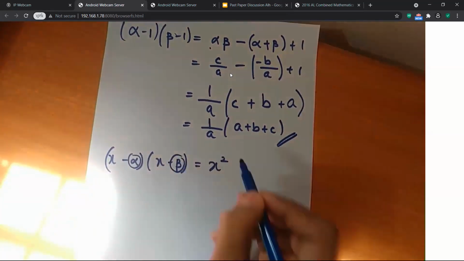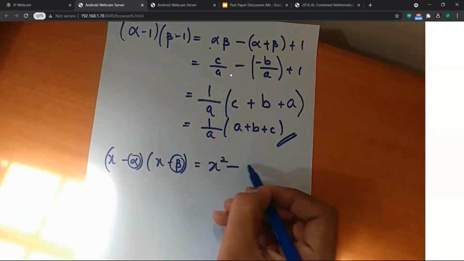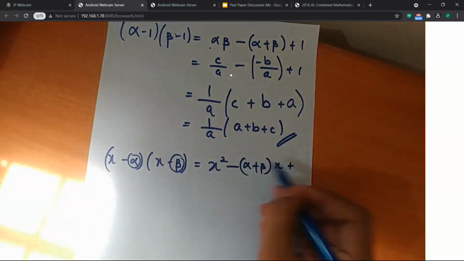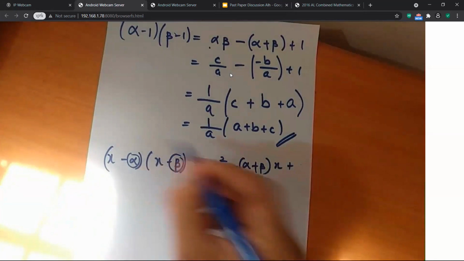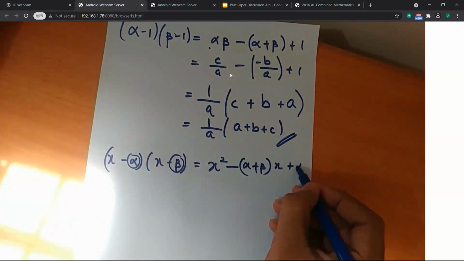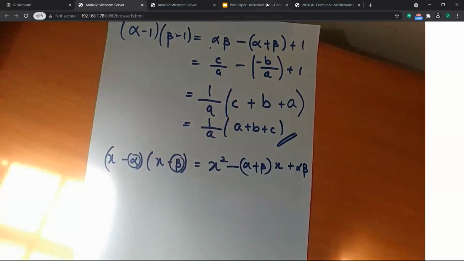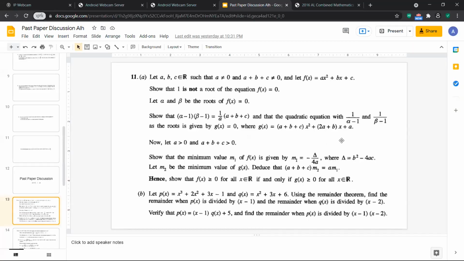Okay, so this can be written as x squared minus (alpha plus beta) times x plus the multiplication, alpha beta. Now the same way, we are given the two roots 1 over alpha minus 1 and 1 over beta minus 1. So we need to find the equation, right?